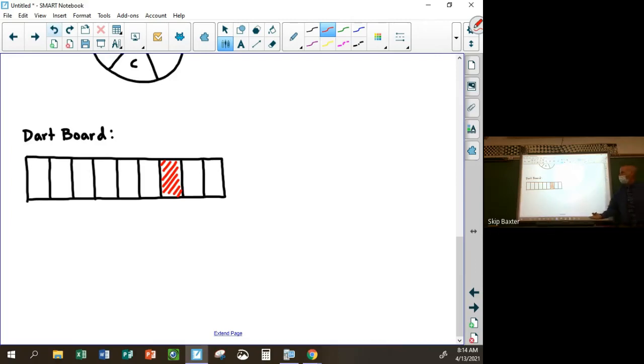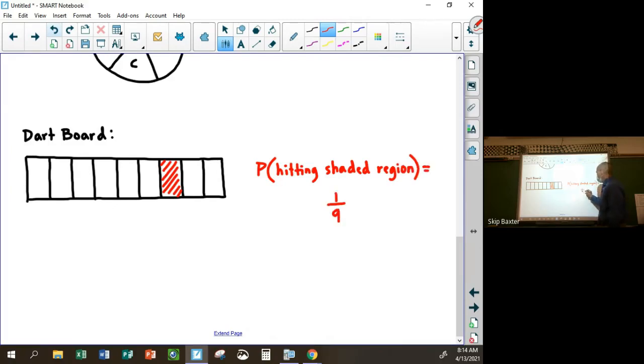Yeah, this would be one. How many pieces? 9. 1/9. There would be a 1/9 probability, right? So the probability of hitting the shaded region would be 1/9. And in general, the way I did that is the same way that I calculate normal probability.